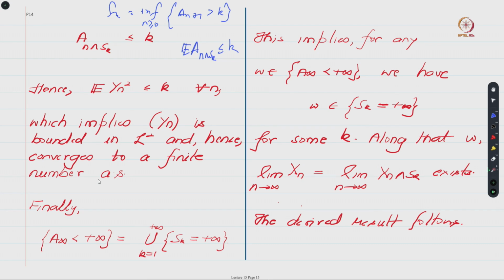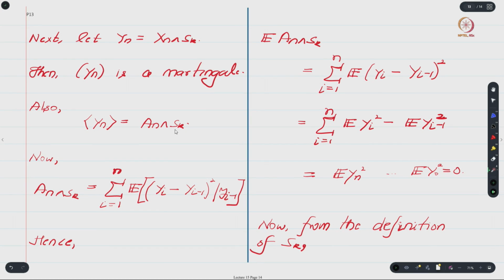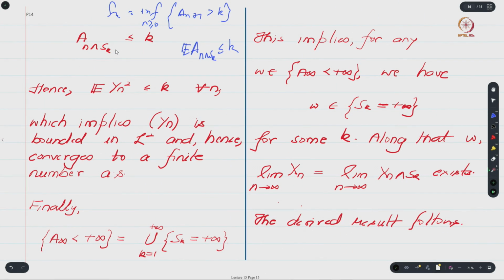Towards that, we defined a stopped process Y_n, and we are saying that the stopped process converges. We can define Y_n, the stopped process, with respect to S_k for any k. Whatever S_k you pick, for every k S_k is a stopping time, so your Y_n will be a stopped process, and the conclusion holds.